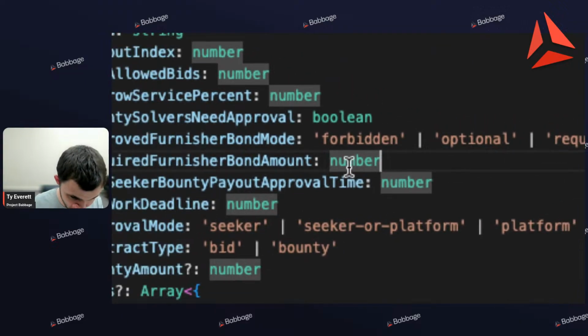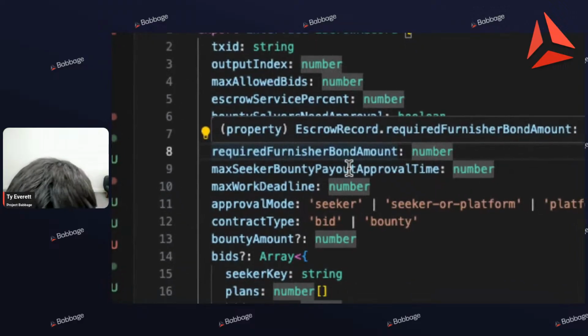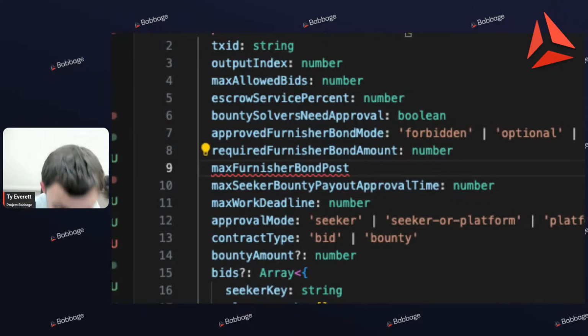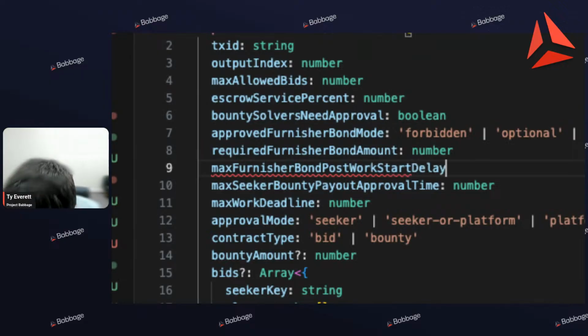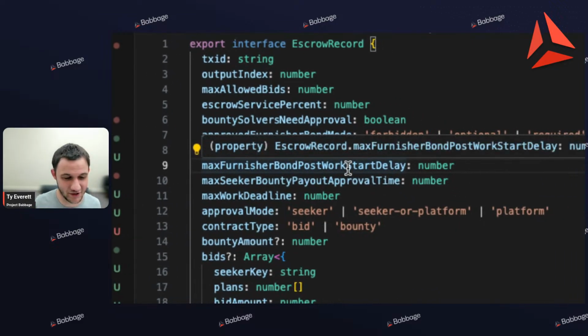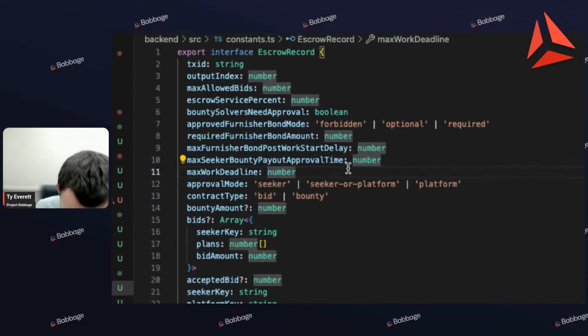I'm approving the payout. And then we also got... and everybody's going to criticize the length of my variables, but they're supposed to be pretty clear, I guess.